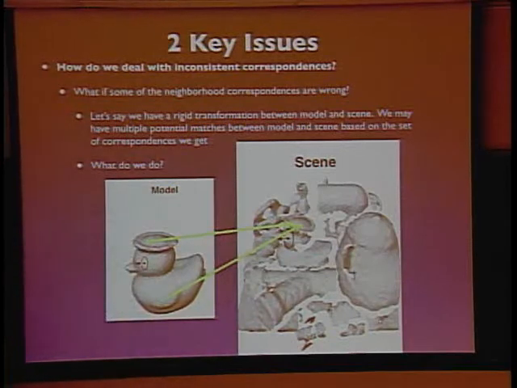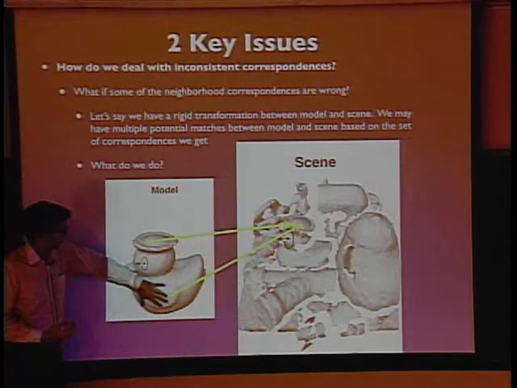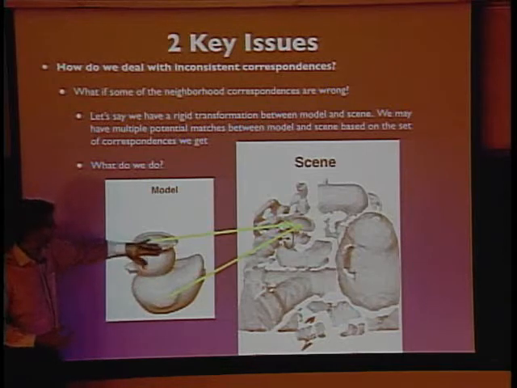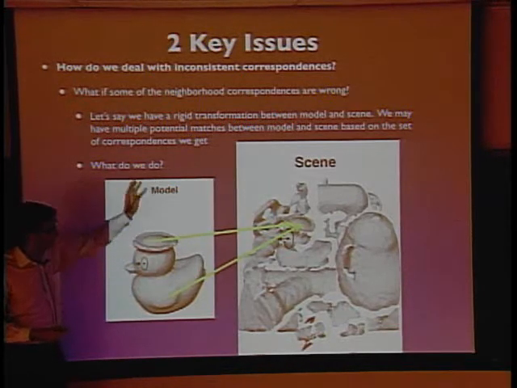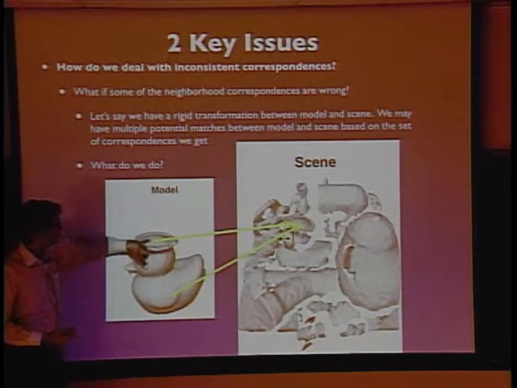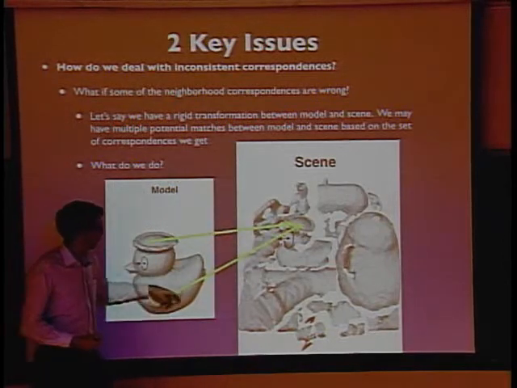And unfortunately, it turns out that on this particular object model, there are locations on this part that shape-wise look a little bit similar to parts on the hat. So you could, in fact, end up, after you do all of these comparisons, with correspondences between here and here, and correspondences between here and here.